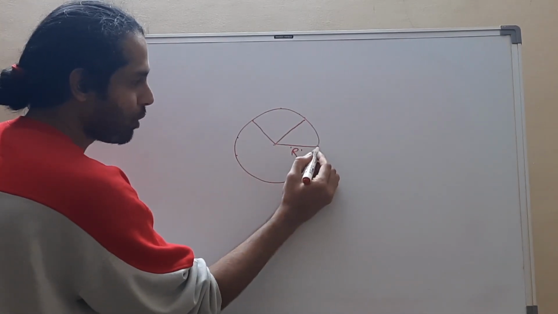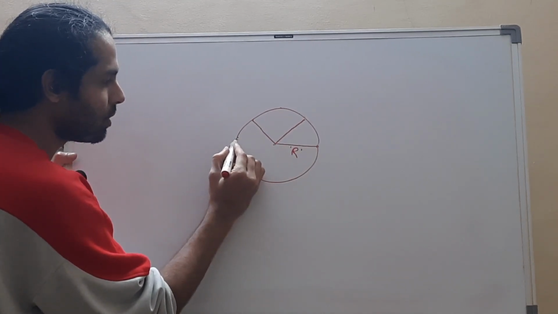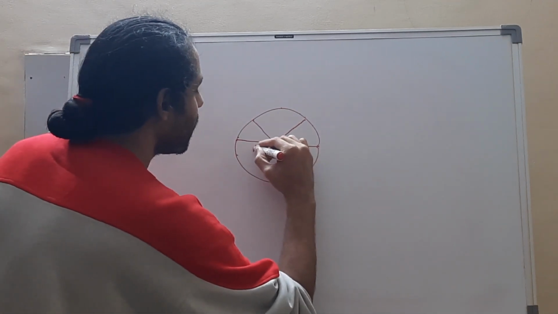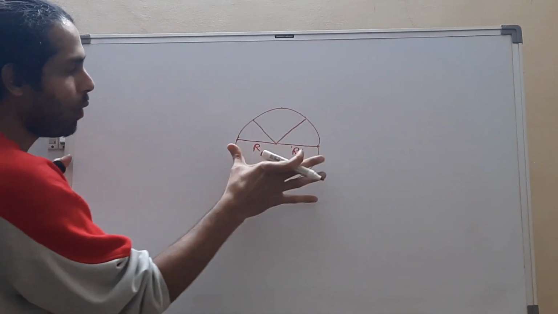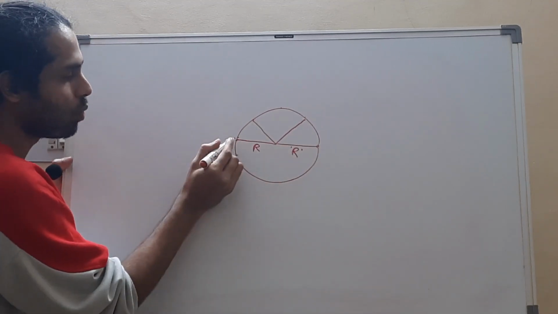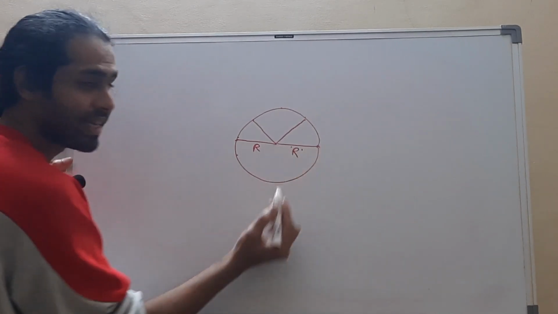Now I can extend that. I can take for this point here a point which is exactly opposite to this point on the other side of the circle, which is therefore also located at a distance r away from the center. And now I get this line. This is a special line for a circle, basically because it joins one point on the circle to the opposite point on the circle through the center.